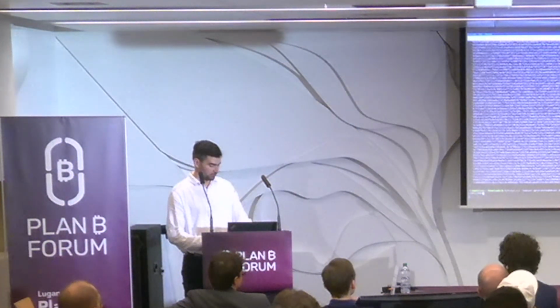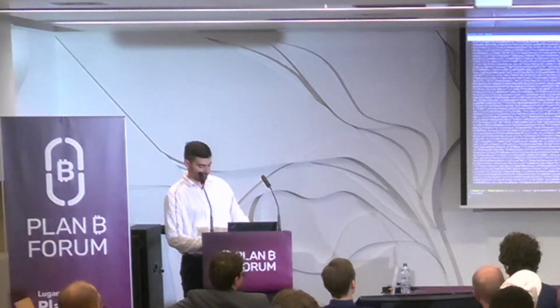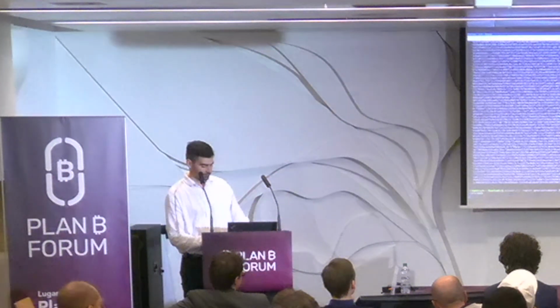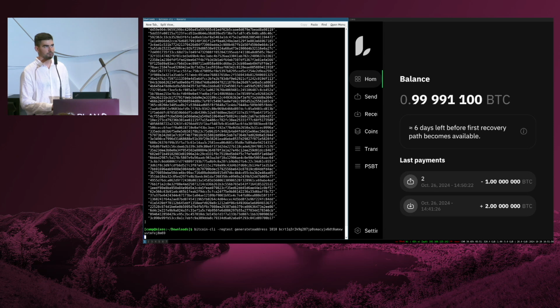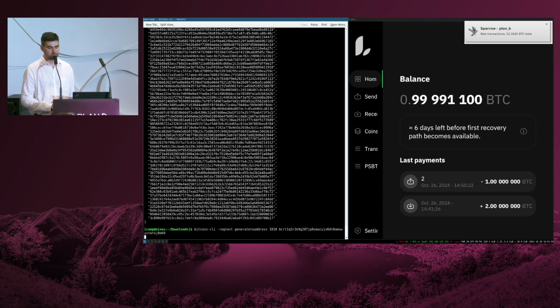And to do that, we are going to change the number of blocks here, not 101, but let's say 1010 blocks. And now we should be able to spend with the first recovery path, which was under 1000 block time lock.